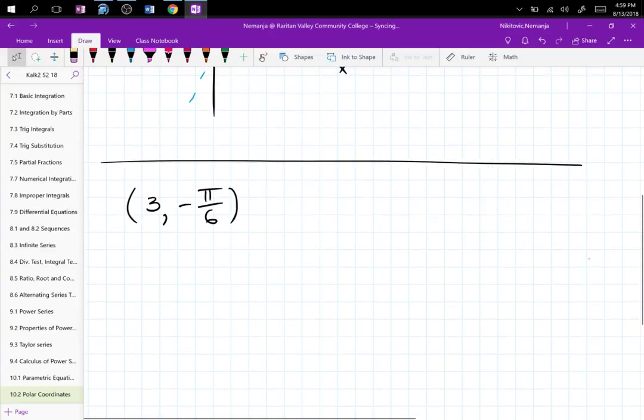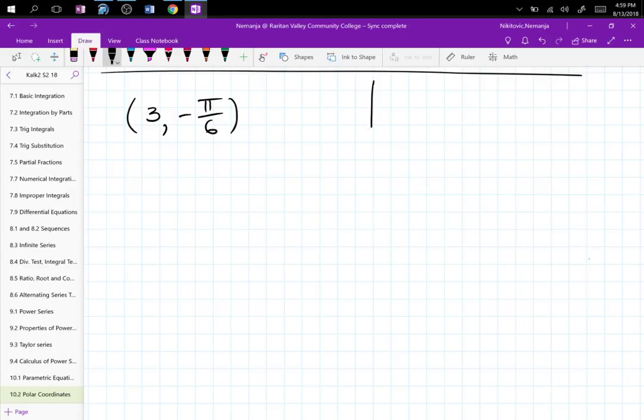So to draw this, I will start my graph by drawing radius 3. So that's the first thing I do. I go out 3 units in the positive x direction because I had positive 3. And then I need to go negative 30 degrees, negative pi over 6.